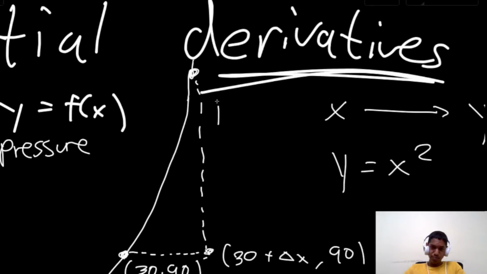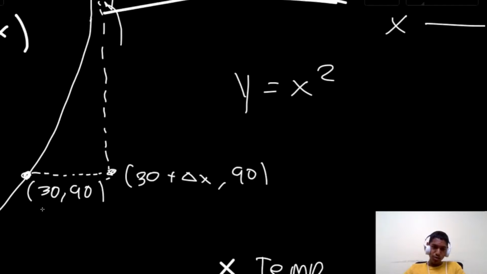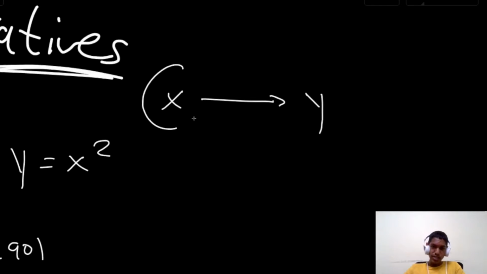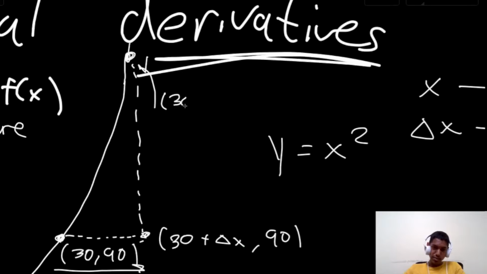So what happened is you can't just move the x alone and stay on the curve, since a change in x also causes a change in y. So you have here the same x value as before, but also an additional y.